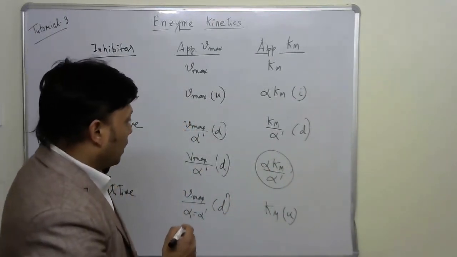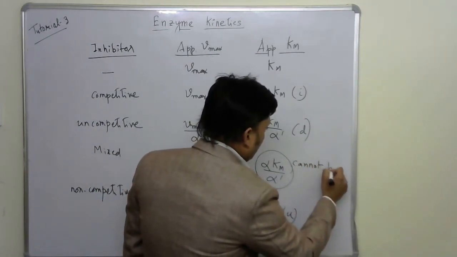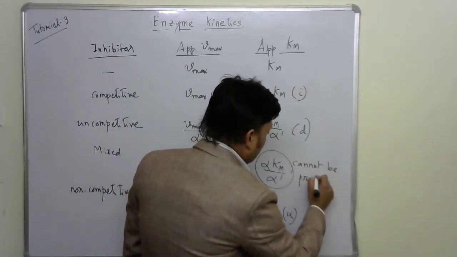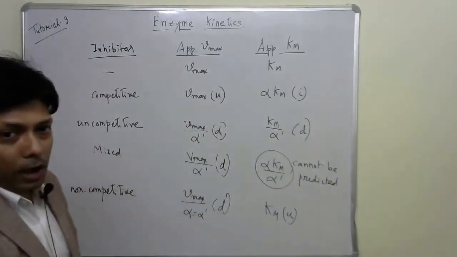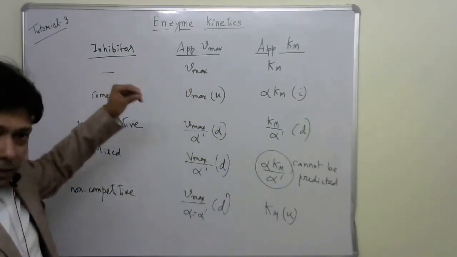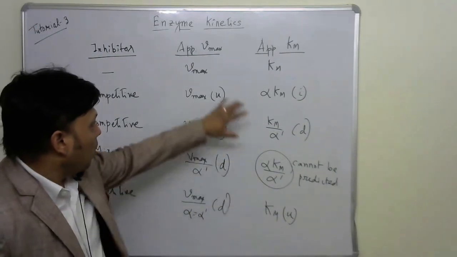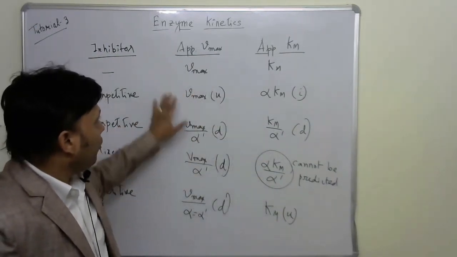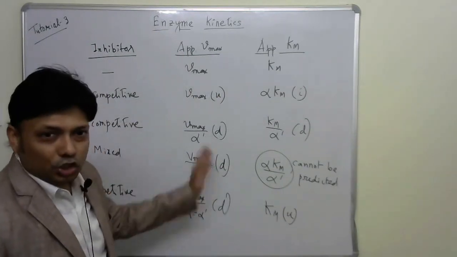So it cannot be predicted unless we know the value of alpha and alpha prime. Otherwise, with increasing concentration of I, we can predict all other apparent Vmax and apparent Km values from this chart.